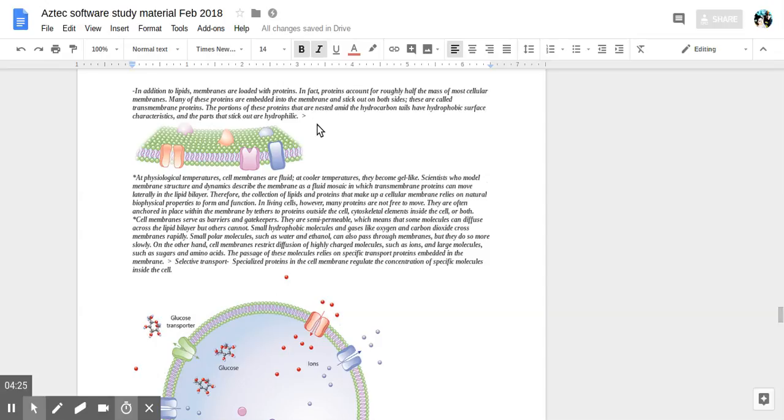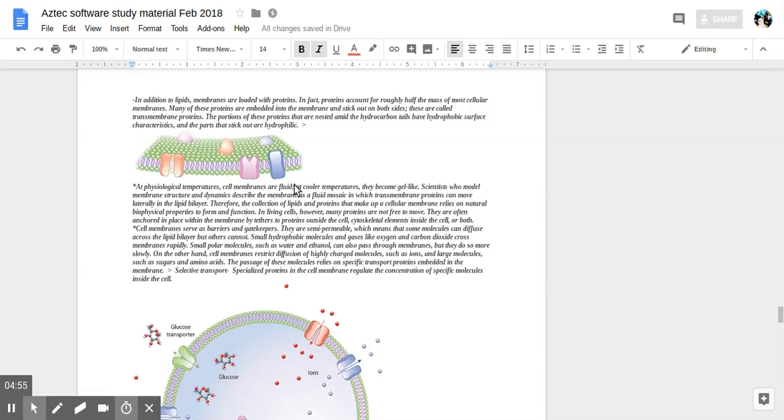The portions of these proteins that are nested amid the hydrocarbon tails have hydrophobic surface characteristics, and the parts sticking out towards the outside and the cytoplasm are hydrophilic. So that's showing that. At physiological temperature, cell membranes are fluid, meaning they move around. They're not perfectly stiff and rigid. At cooler temperatures, they become more gel-like and a little more rigid.